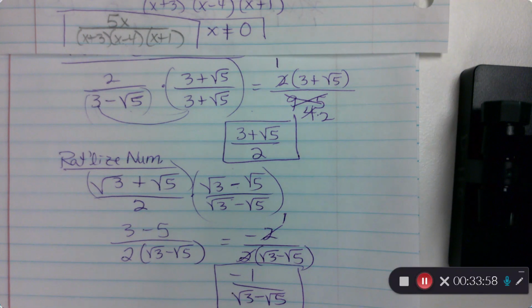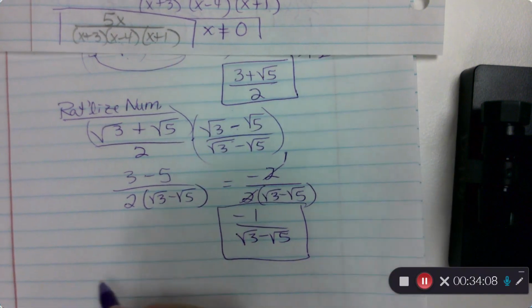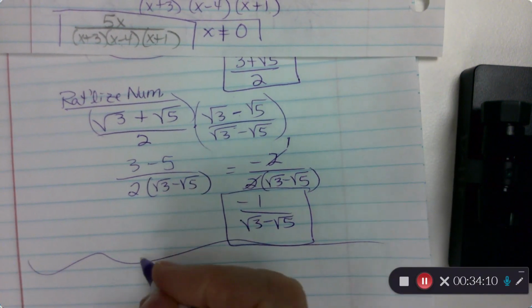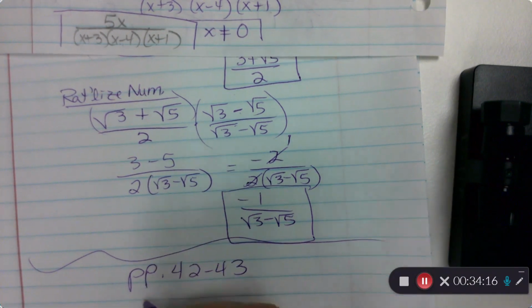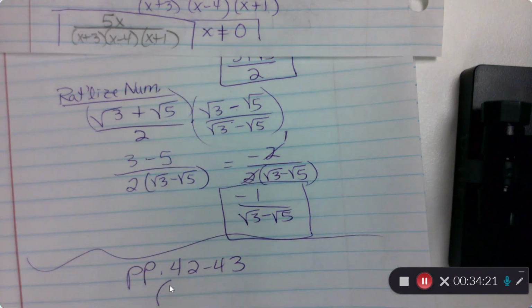Now the only one I've not gone over really is the quotient rule, but y'all just remind me, I'm going to drop those out of your homework. Pages 42 to 43. Originally it was, what was it?